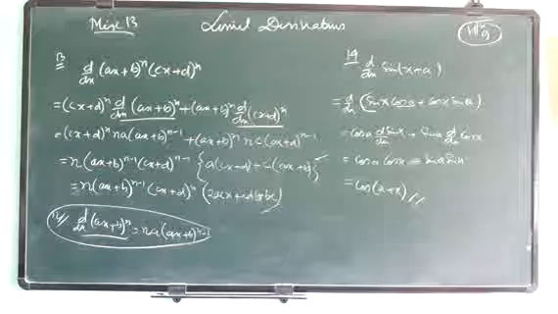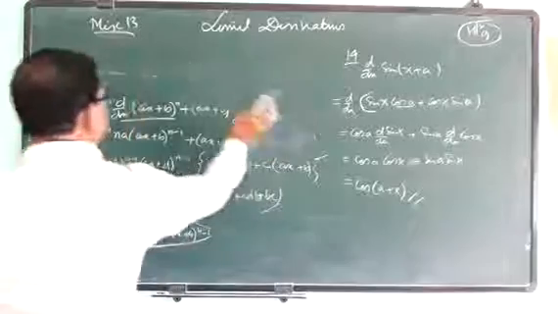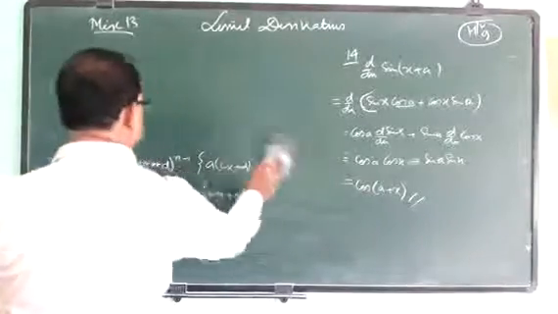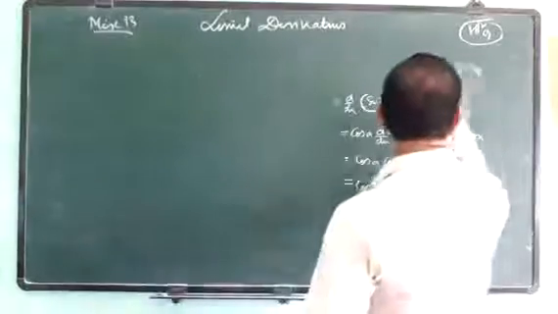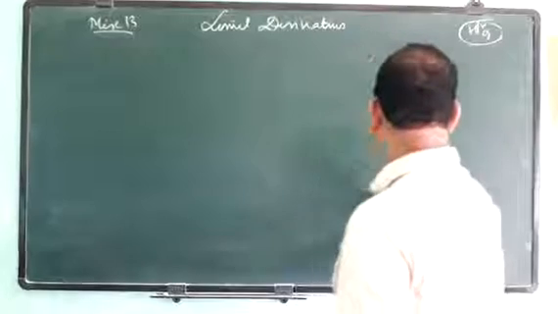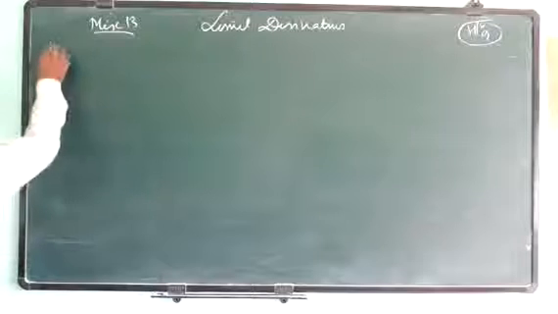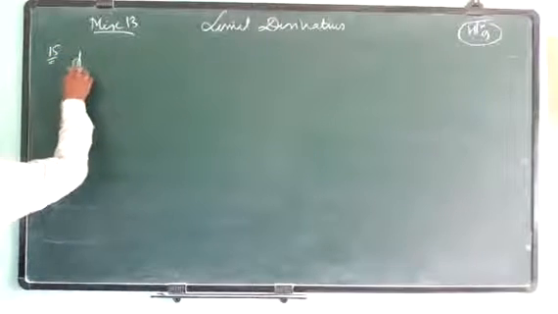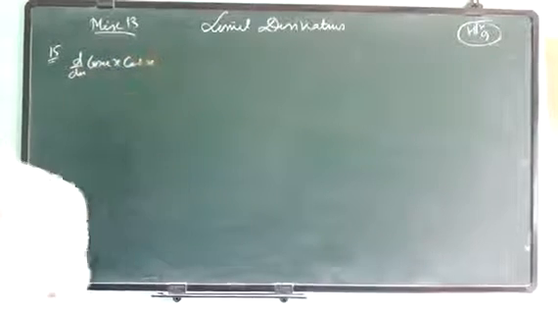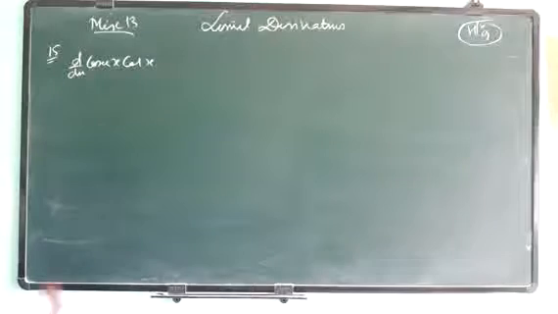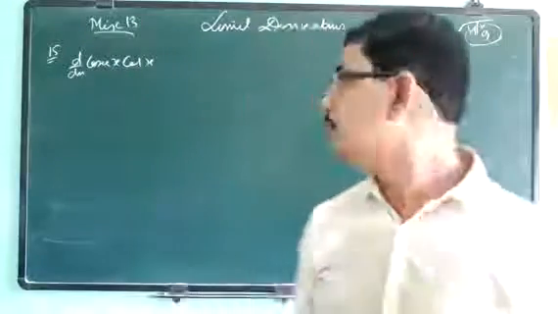Now question number 15: differentiation of cosec x cot x. This is a u into v form. How to do that?